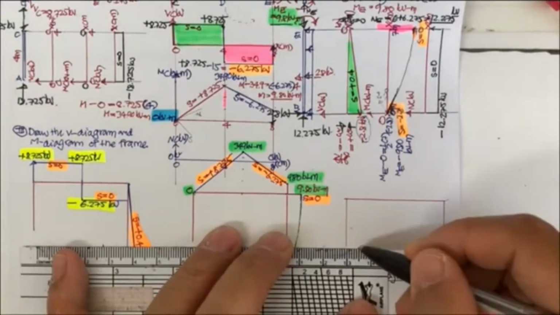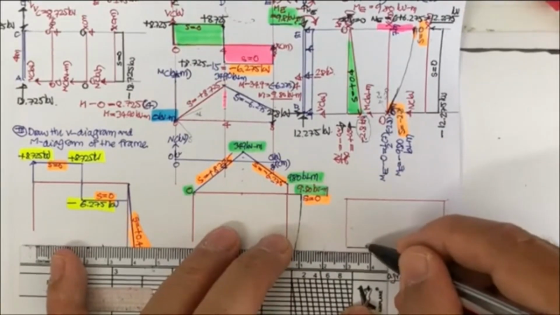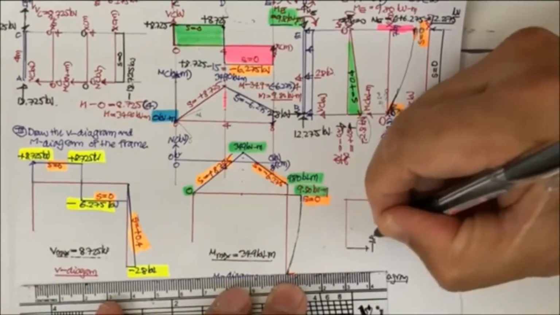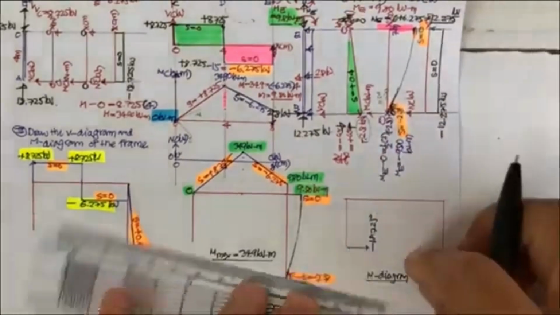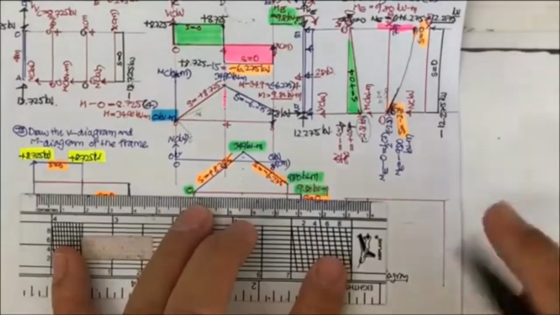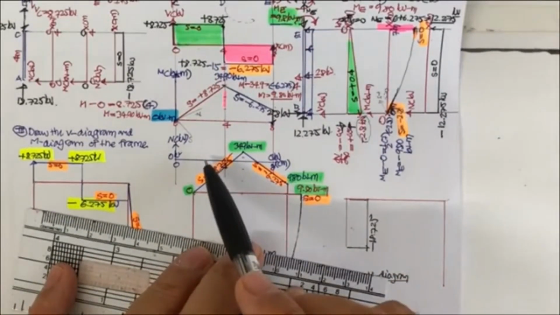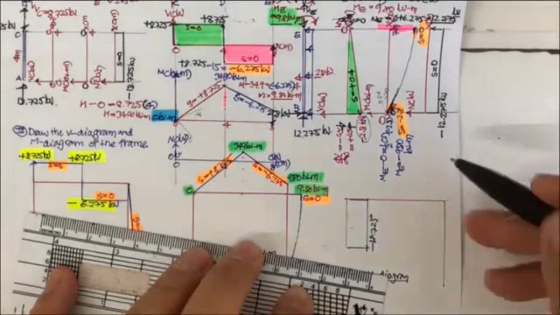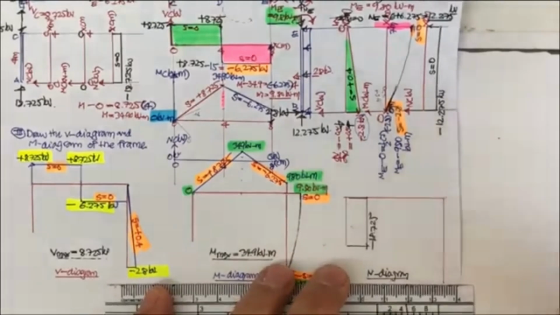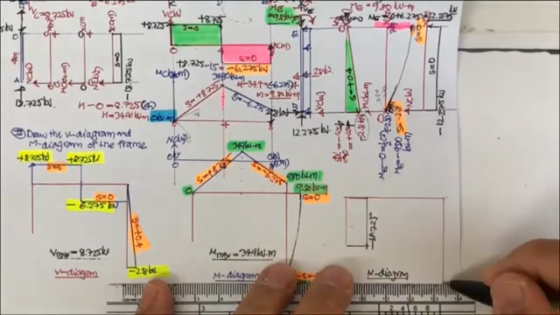Let's put this as 10, and minus 18 is supposed to be about this. It's a constant of minus 18.725, and then it's constant here, and closes here. The shear has no axial force, and we also have minus 12.275 kilonewton. That is about this, minus 12.2.